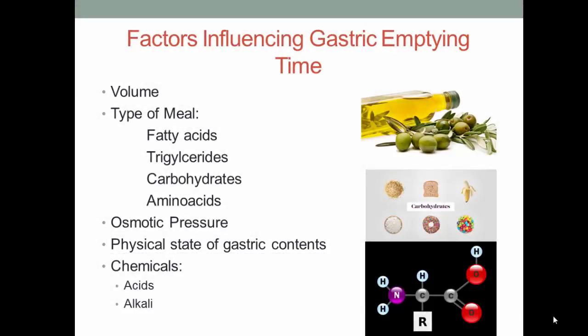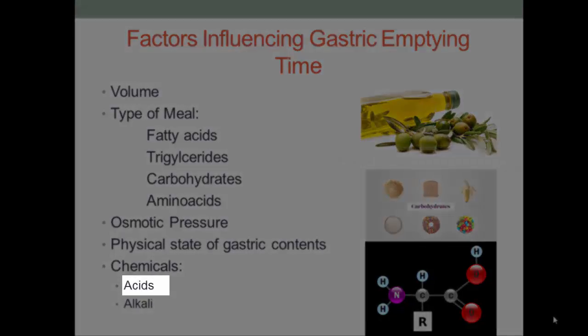The chemicals, like for example the acids, also affect the gastric emptying time. Hydrochloric acid is fine, but when higher molecular weight acids are present, they reduce the gastric emptying time, like citric acid and tartaric acid.